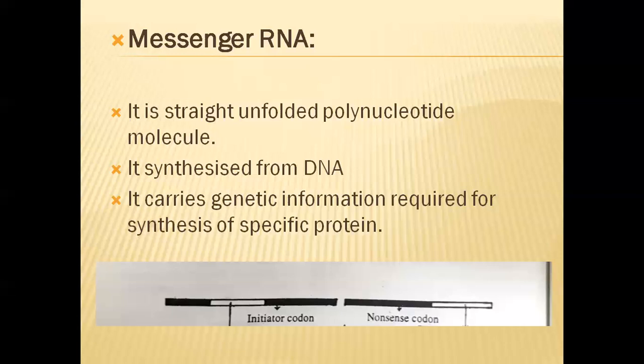These triplet codons hold amino acids. According to the triplet codons present on the mRNA, the amino acids come and join one by one with peptide bonds and form protein molecules.